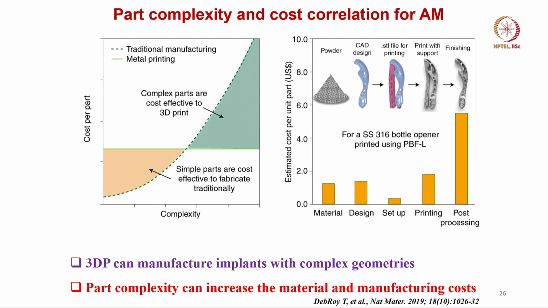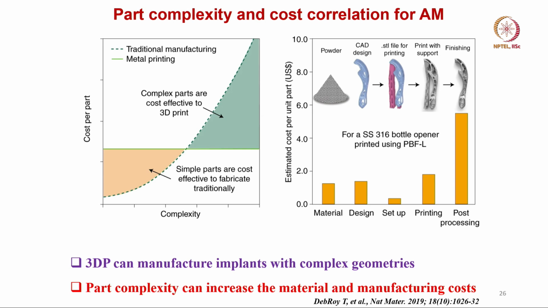Now, let us discuss it in more general terms, that why additive manufacturing has attracted so much attention. If we consider the cost per part versus complexity, because this is the complex geometry and topology that I have emphasized while defining additive manufacturing to all of you.